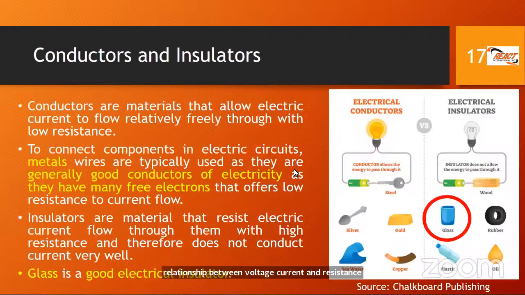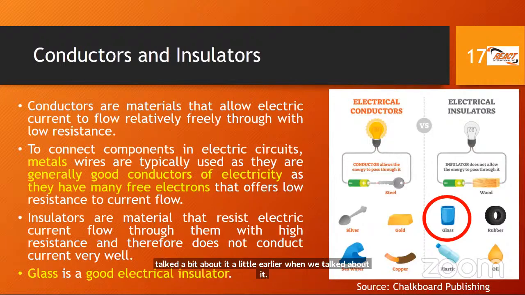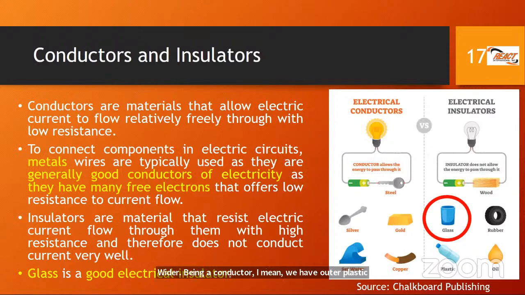All right, so let's talk a bit about conductors and insulators. We talked a bit about it a little earlier when we talked about the wire being a conductor, and the outer plastic or some sort of rubber on a wire being the insulator. But let's talk a bit about it because we need to know these terms for the exams. So a conductor is any material that will allow electrons to flow through it quite easily with low resistance.